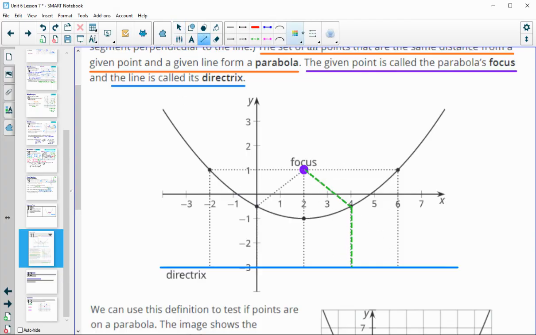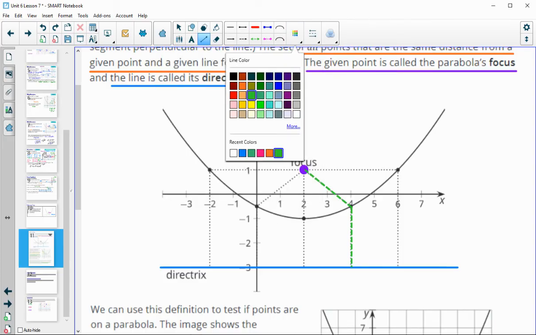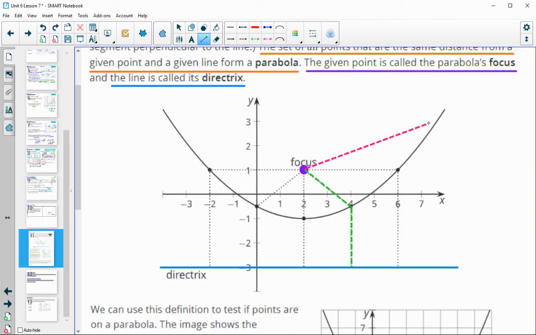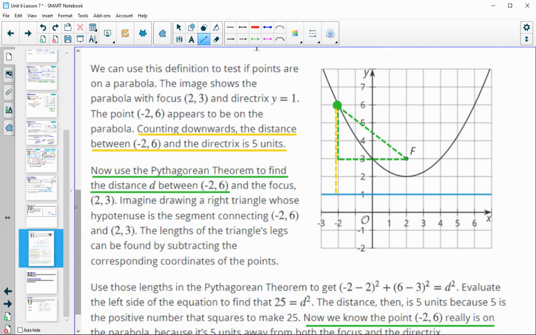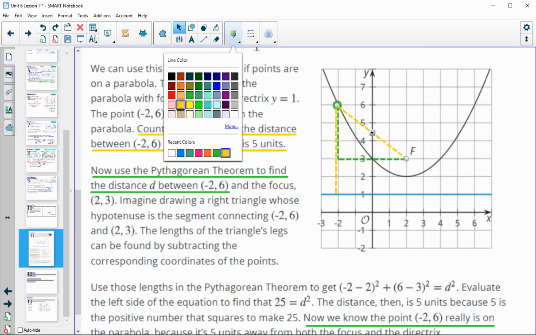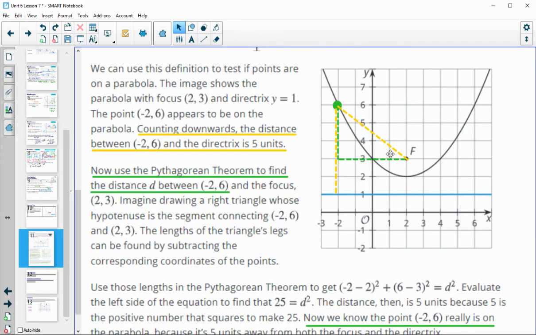And you could draw another, like if I did another point on the parabola, if I went to any point and then went directly to the directrix, those lines would be equal. So those pink lines are equal, these green lines are equal, etc. And then we can test if a point is on the parabola by figuring out how far it is from the directrix and then creating a right triangle here, knowing that this hypotenuse distance is the same as the distance to the directrix.